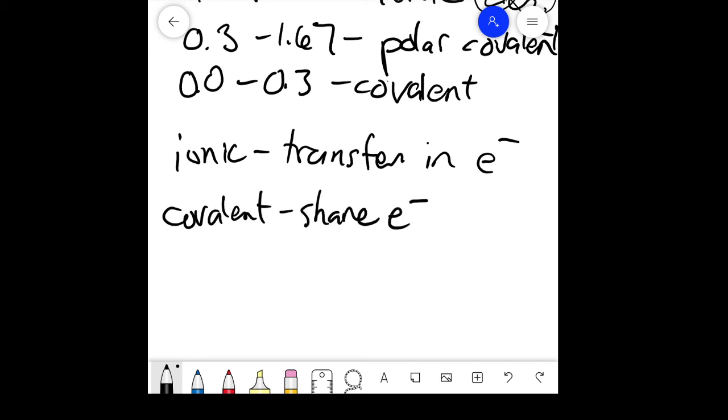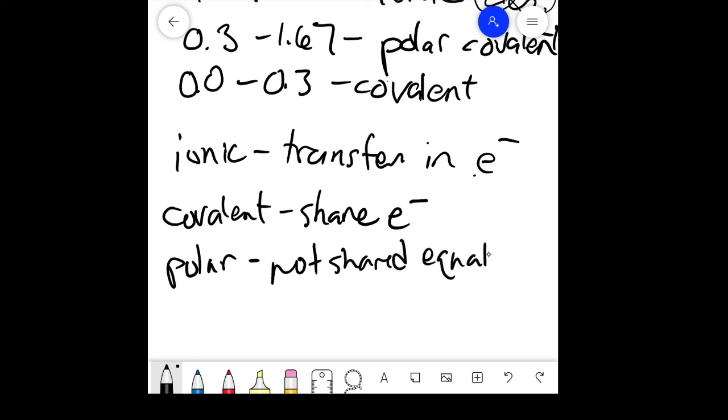That's when this is your non-metal and metal, and this is your two metals. But polar covalent means they're not shared equally. There's one atom that kind of hogs the electrons most of the time.